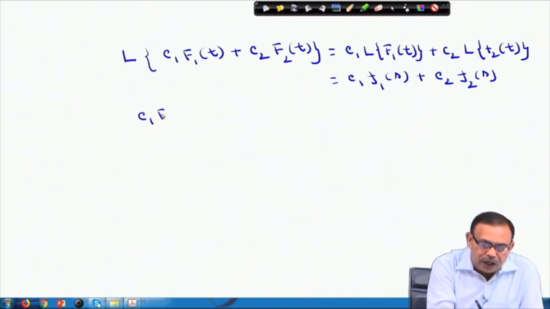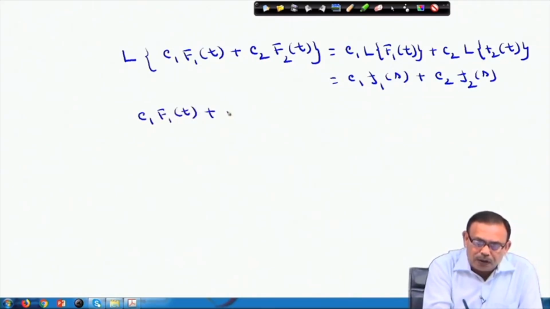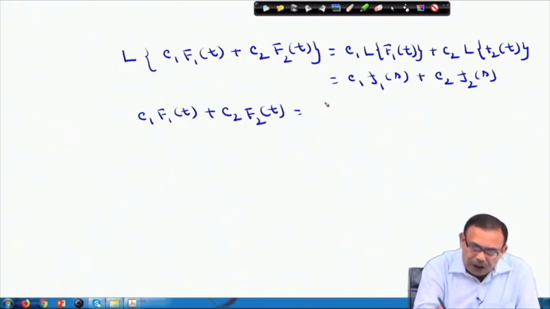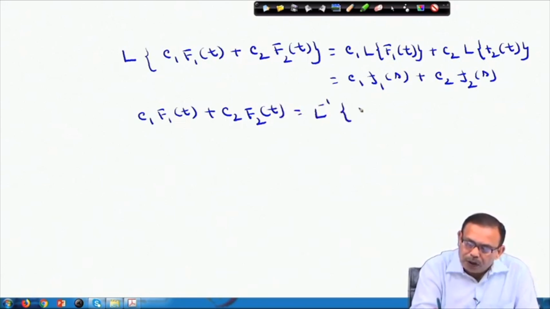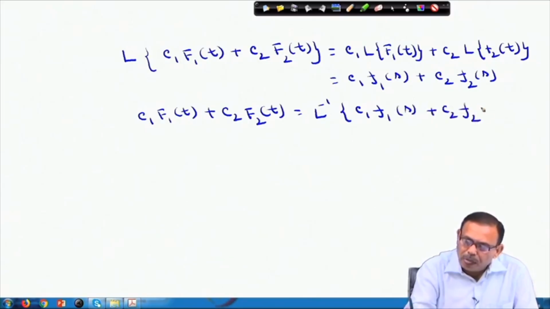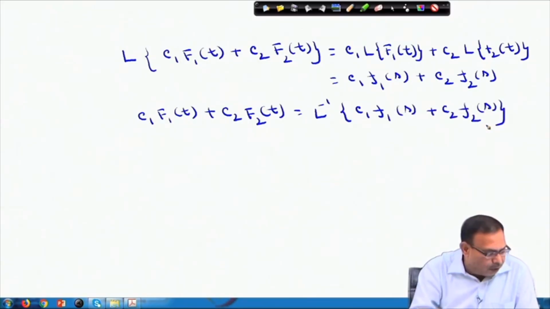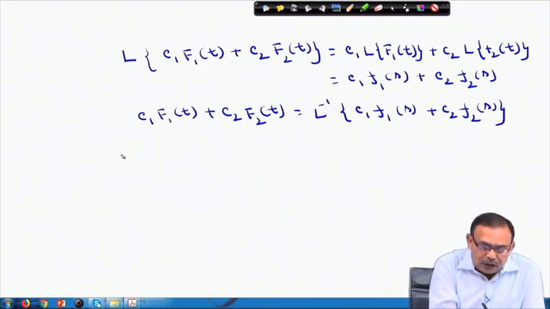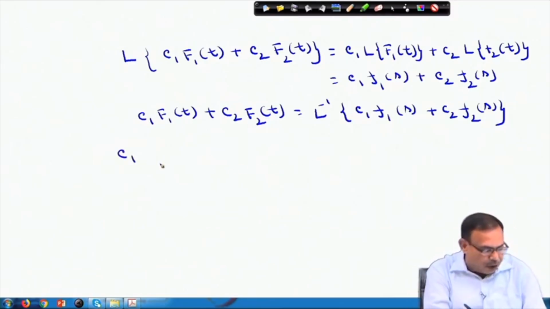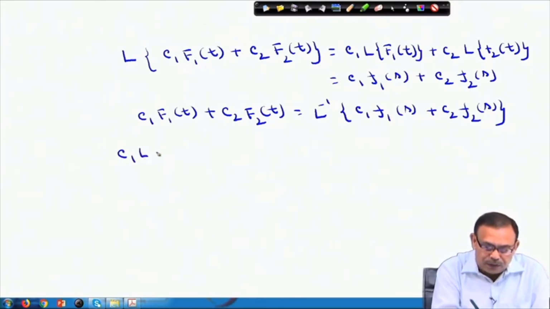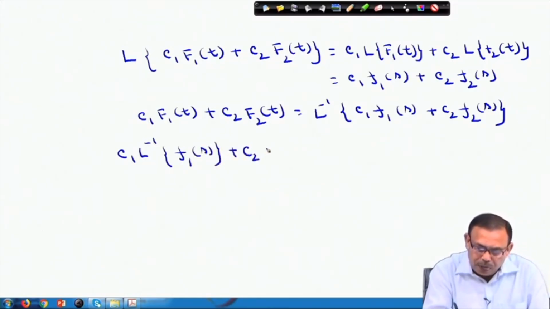Therefore, we can say that C1 f1(t) plus C2 f2(t) equals L inverse of C1 F1(s) plus C2 F2(s). This you can always write down, which implies that from here you can write C1 into L inverse of F1(s), that is f1(t), plus C2 into L inverse of F2(s).